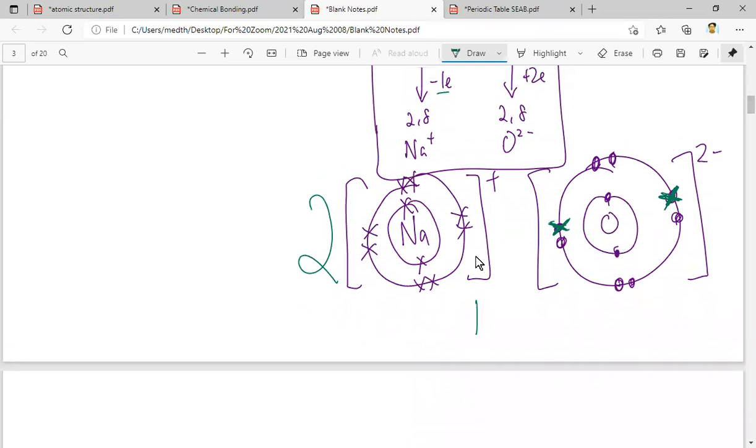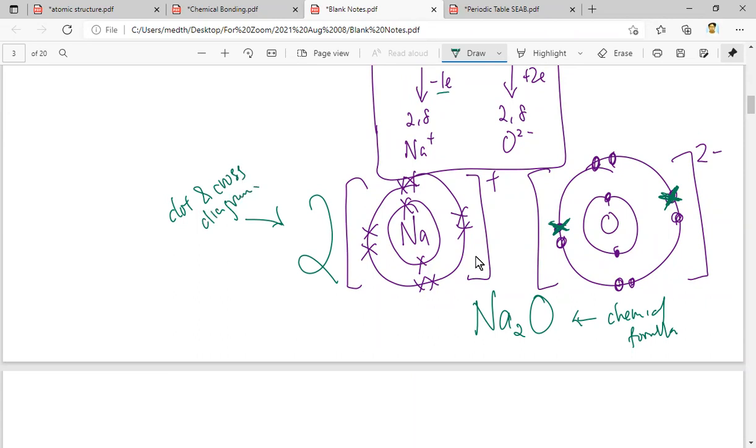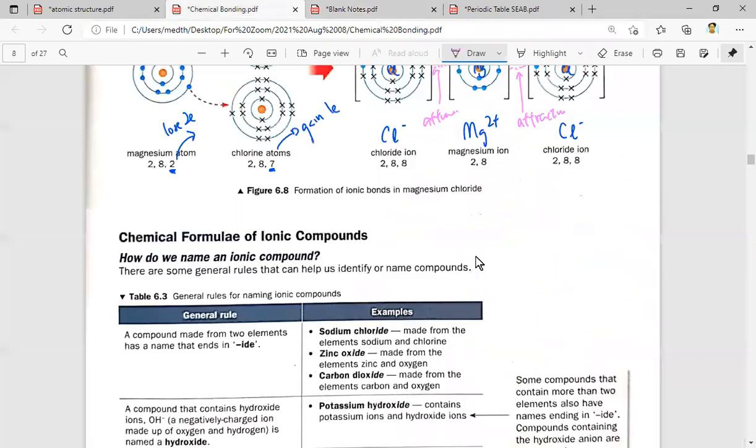Therefore, the formula for this is actually Na2O. This is the chemical formula. This is the dot and cross diagram. So this is the drawing of your ionic bonding for your dot and cross.